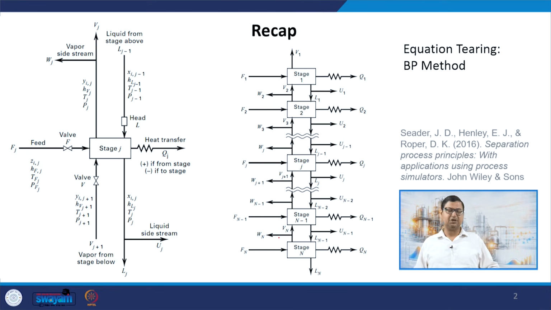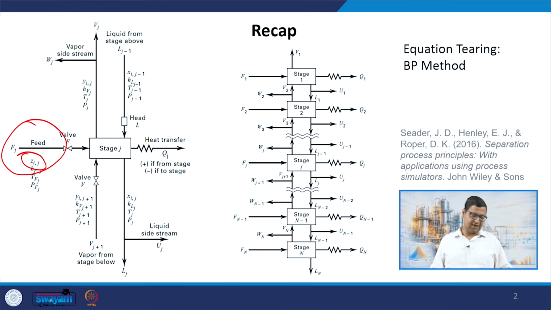So we first took an equilibrium stage where we have a feed, it can be a vapor or a liquid, containing an overall mole fraction Z, and this is the feed entering the stage J, with some enthalpy and some temperature and pressure. And there is a counter current flow of vapor and liquid. The vapor is going up, the liquid is coming down.